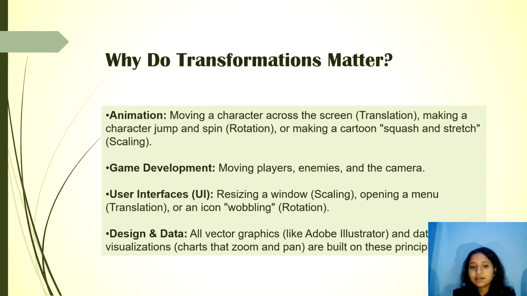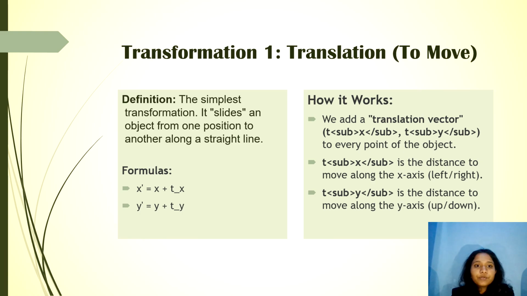Third is user interfaces: resizing a window, that is scaling; opening a menu, that is translation; or an icon wobbling, that is rotation. And the last one is design and data. All vector graphics like Adobe Illustrator and data visualization, that is charts that zoom and pan, are built on these principles. So now let's move to the different types of transformation.